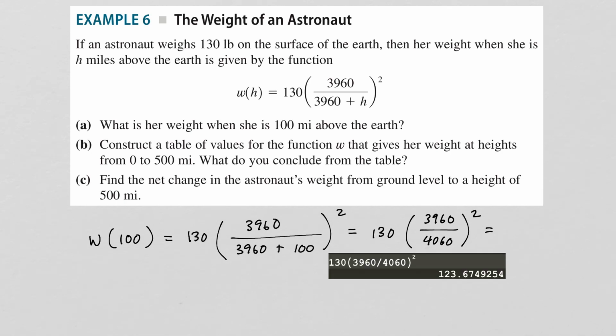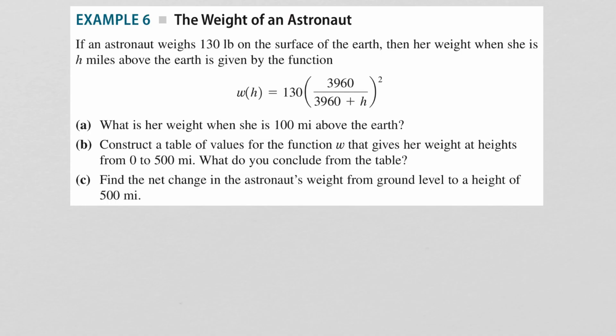And in this case, you can see that we get an approximate answer of 123.67. We'll round that to 123.7. And this would be pounds, right? So when she's 100 miles above Earth, her weight is only going to feel like 123.7 pounds.